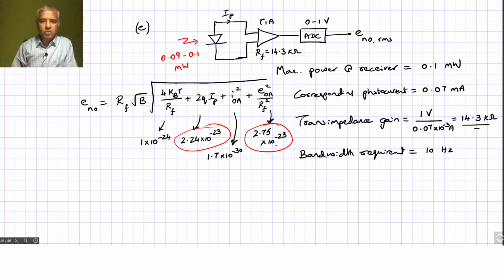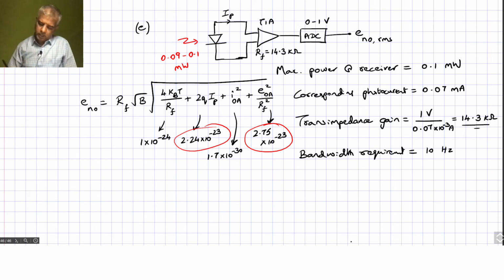What we are also seeing is, because of the 1 over f noise, because the frequency at which we want to do this detection is on the low frequency side, you are having a relatively high contribution from that. Okay, so that is actually from the op amp itself. Those are the kind of things to consider.